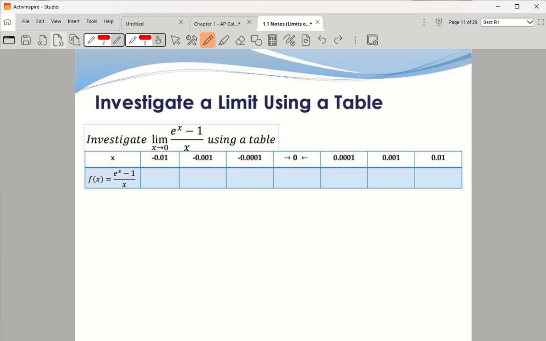Investigate a limit using a table. So use the trick that I just showed you guys. So on your handy dandy what? Calculator. Now, since you guys all have your calculator and you were already using it for something else, what was the neat trick to clear your calculator? Doc and letter B. Doc and letter B is going to clear your scratch pad, so you can start over anew.